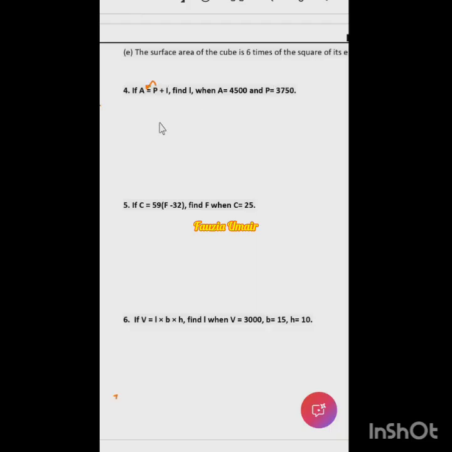But the first step of evaluation is, this is called evaluate. अक्सर आपके पास ऐसा क्वेश्चन लिखा होता है, evaluate. Evaluate means solve by putting the values of the variables. Whatever the value of the variables is, we need to put it in the equation or expression to solve it.